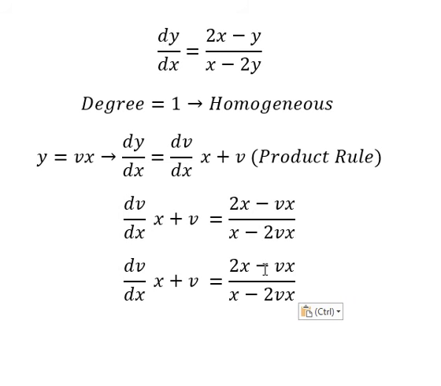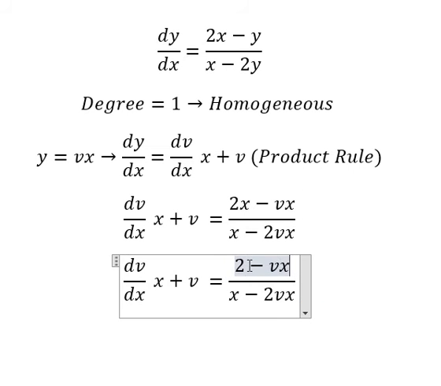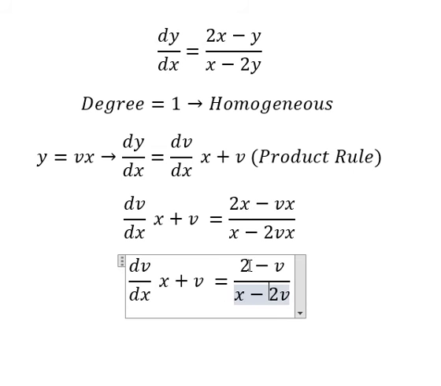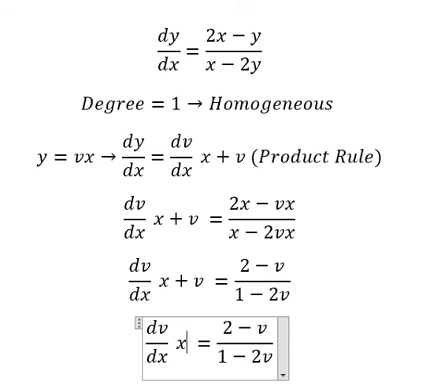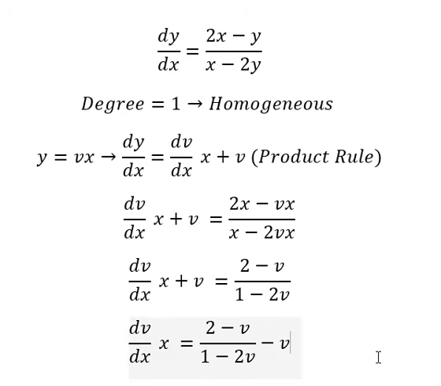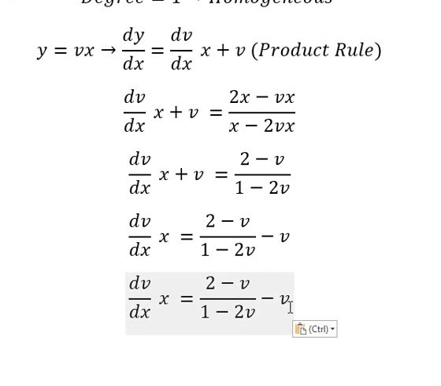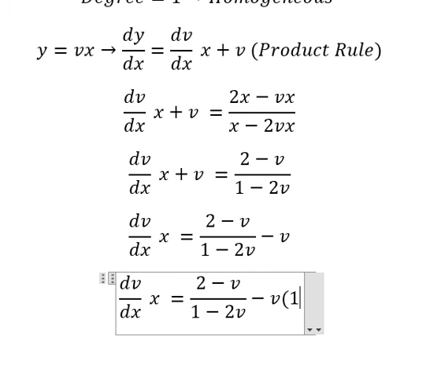Next, we simplify x on numerator and denominator. Next, about v, I will put on the right, and we have negative v. So this one, we can do common denominator.